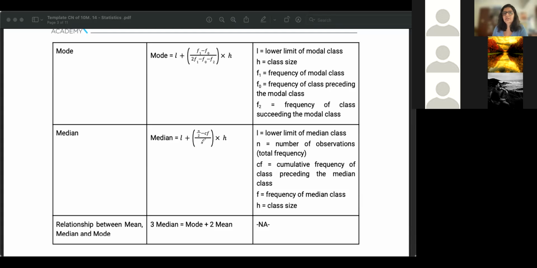Note down the formula. Then I'll discuss what each of these variables means. And once this is done, I'll do one question with you guys. How to create that cumulative frequency, how to find out the frequency of the median class, all of those things, I'll do it with you guys. For now, just note down the formula. Then we'll do a question together.